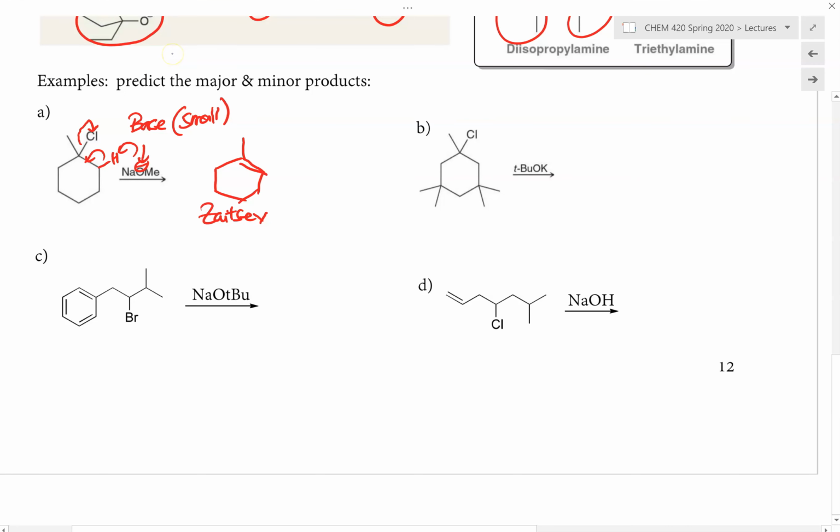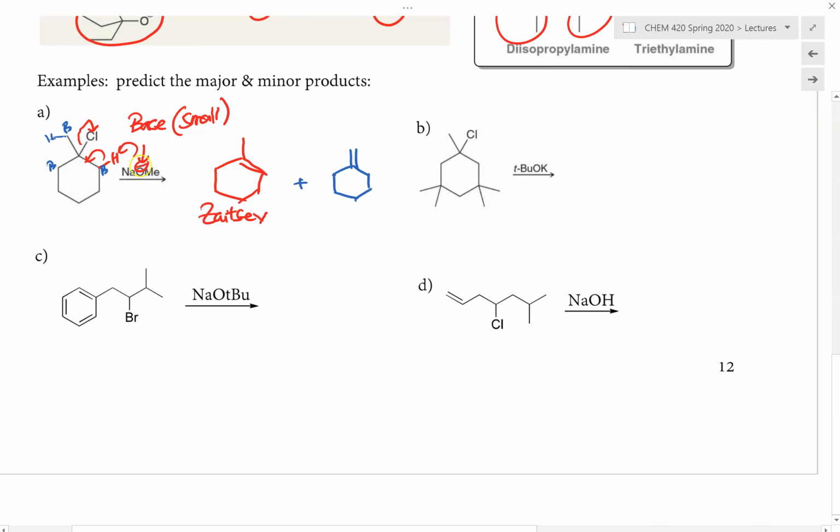The Hofmann product is when the base comes in and picks up this beta hydrogen over here. So again, these are the beta positions. And in this case, the base can also come in and pick up this hydrogen in here. And now we'll be producing this other product, where the double bond is from above here.